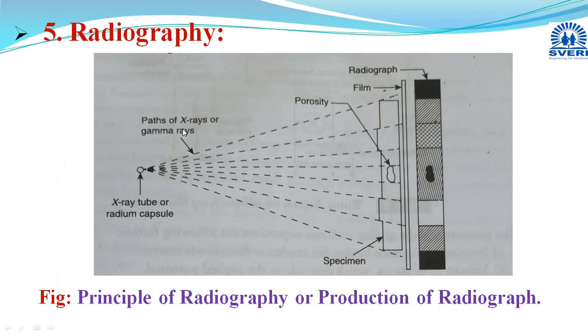Suppose we use X-rays or gamma rays; they are allowed to fall on that component and they will pass through that component. The penetrating ability of these radiations will depend on their wavelength and the absorbing power of that material.